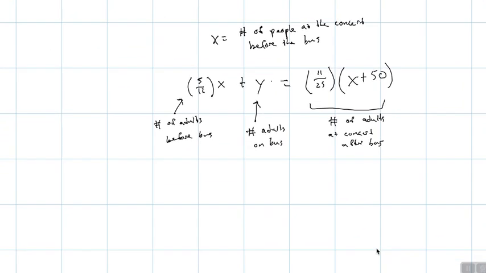And from here we can just multiply that out. And get a common denominator here, which is going to be multiply this by 25/25 and this by 12/12 to get the following.